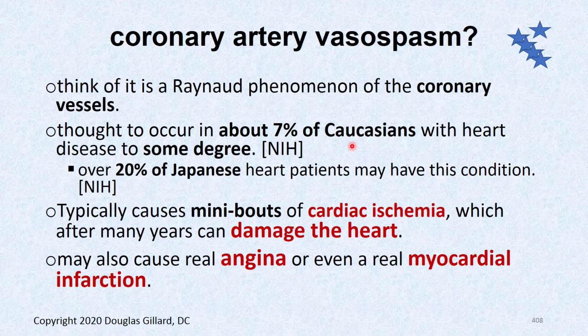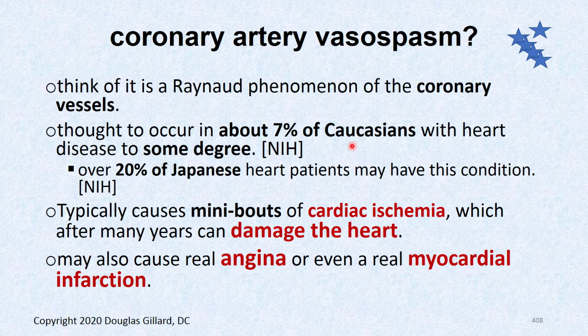But a fact, about 7% of Caucasians with angina going in for angioplasty, they fail. The angiogram fails to show any type of occlusion. So we're learning a lot more about this. People with Japanese ancestry, or who are Japanese, 20% in them.